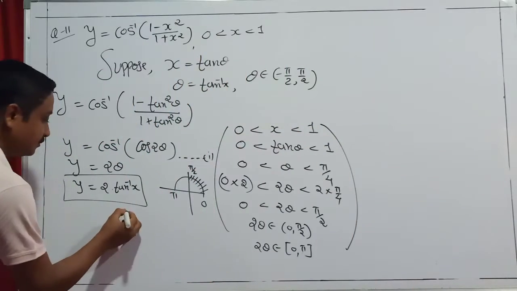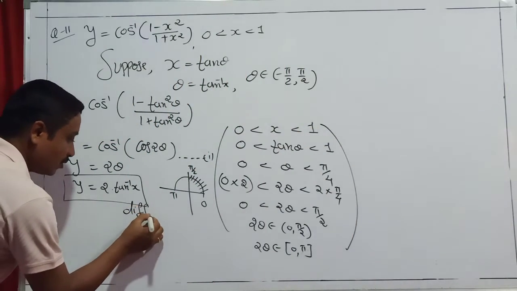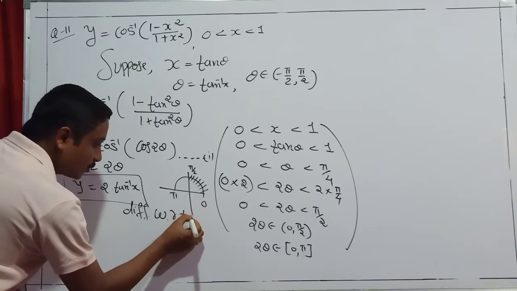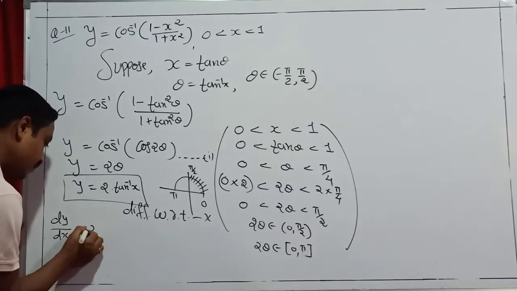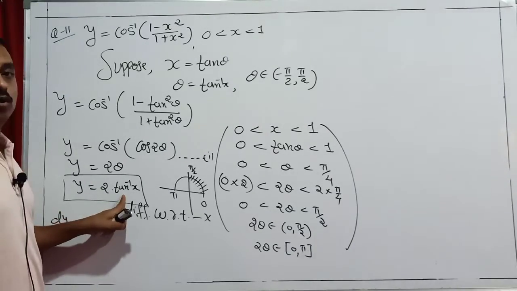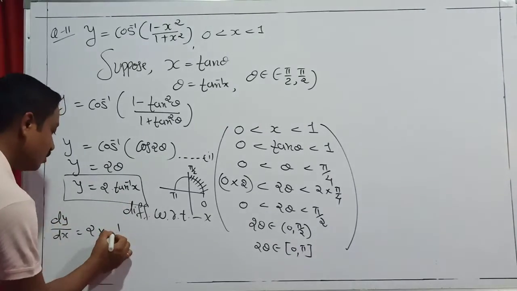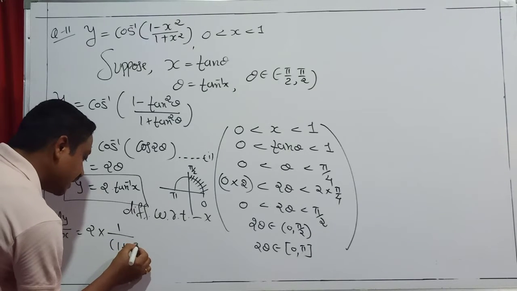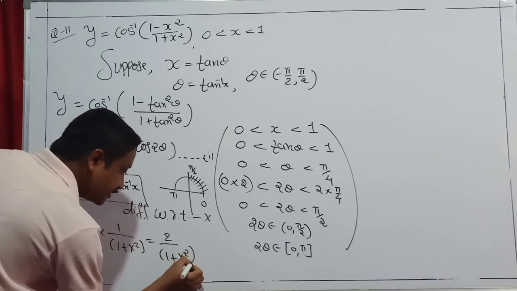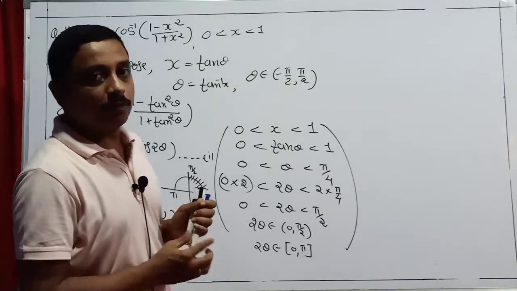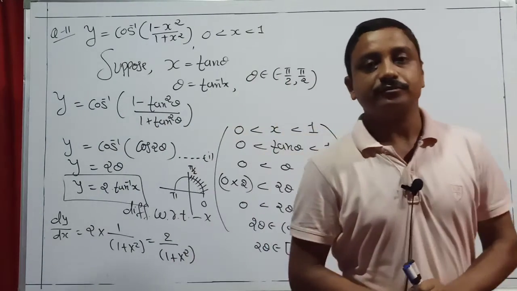So differentiation with respect to x. So what is dy by dx here? 2, the same. And just think about the tan inverse derivative, 1 upon 1 plus x square. And here happily our numerical is done, 2 upon 1 plus x square.